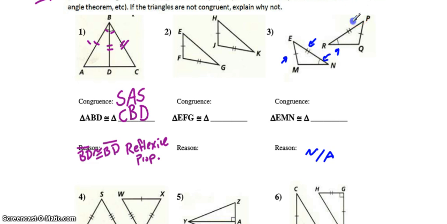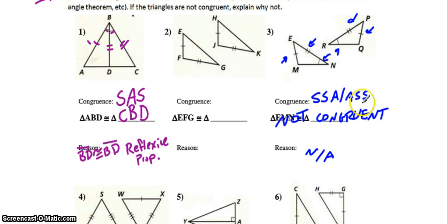Again, angle, side, side, with the angle not between those two sides. So I guess that'll be side, side, angle, or angle, side, side. And that's not a congruence shortcut. That's not a congruence theorem. So I'm going to write not congruent, because maybe those triangles aren't congruent. I couldn't write a congruence statement. They might not be congruent.